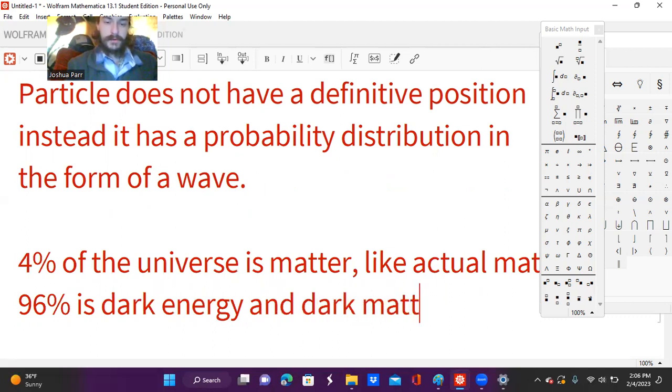We have no idea what these things are, but we know that they exist because of the way that the galaxies are behaving and how they stay together and how they are moving apart faster than the speed of light. We have evidence that there is dark matter keeping galaxies held together, and there is dark energy accelerating the propulsion of galaxies away from each other. So we know that these things exist.